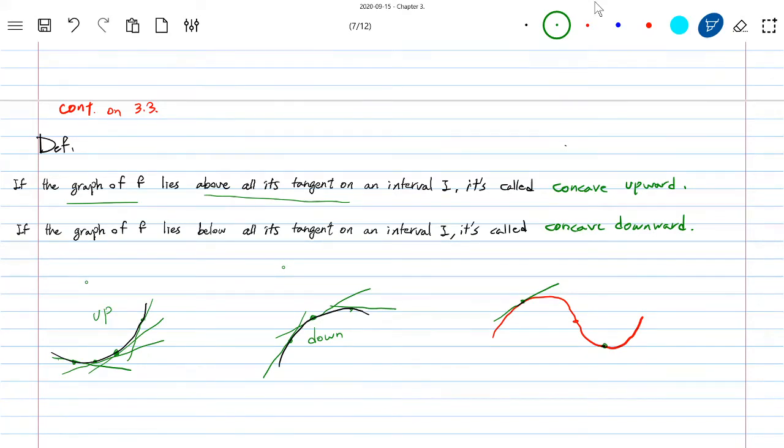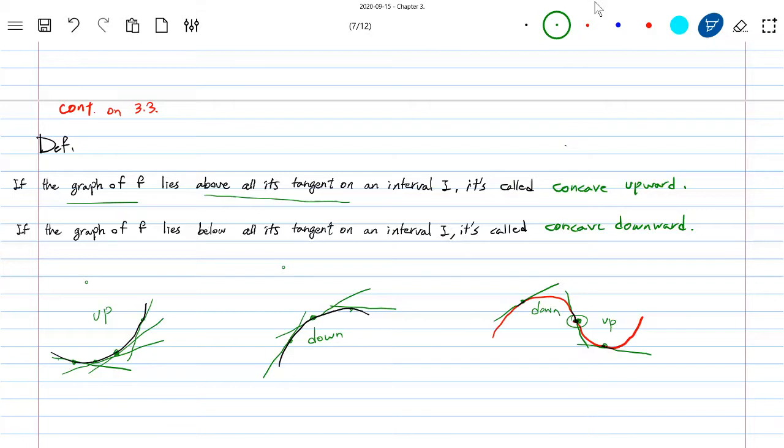On the other side, the graph is above the tangent line. At this specific point, the tangent line crosses the graph. That means this is where the change in concavity happens. This is a concave down connected to a concave upward.